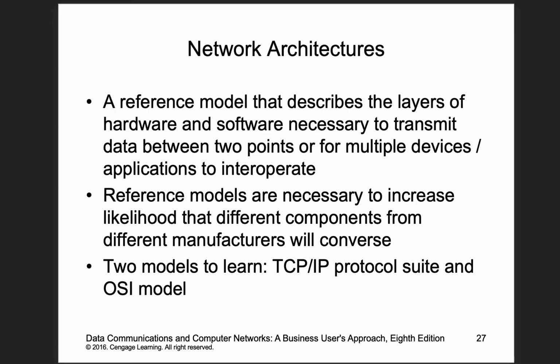Next, we take a look at network architecture. This is in more detail. Okay, we have a model, which is the layers. What I would like to focus on now is two things: the TCP/IP protocol suite and the OSI model.